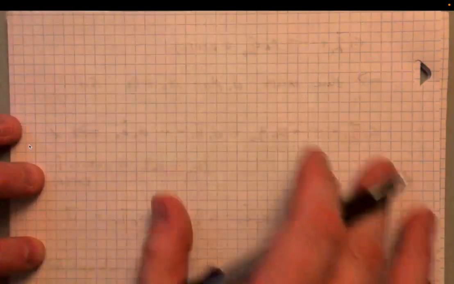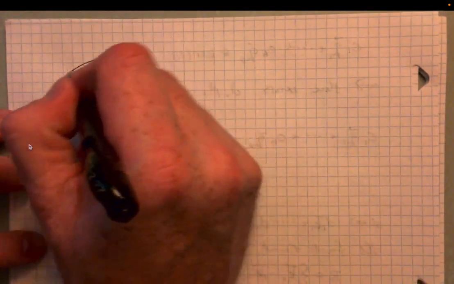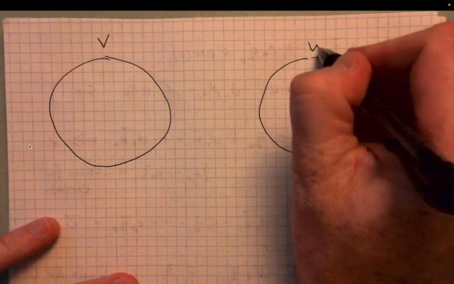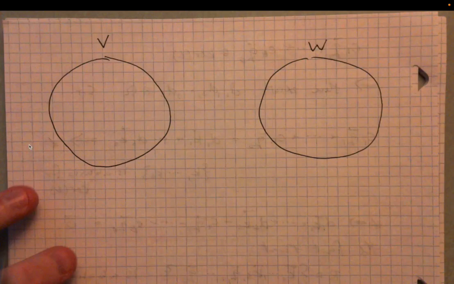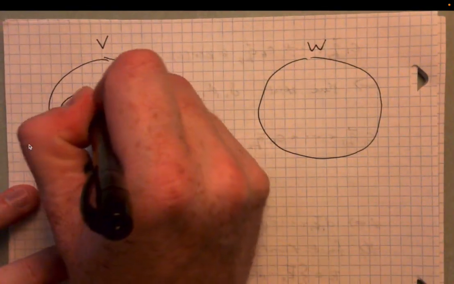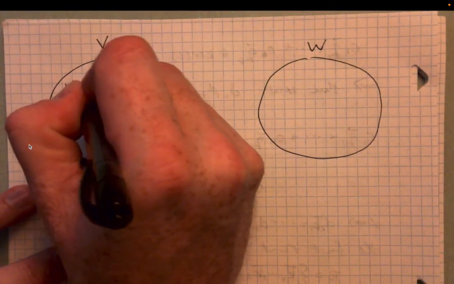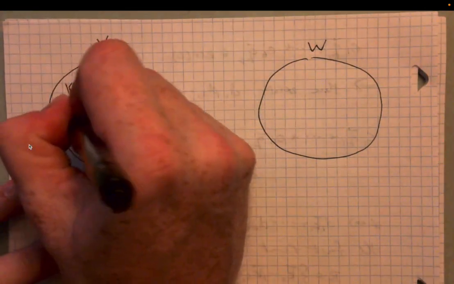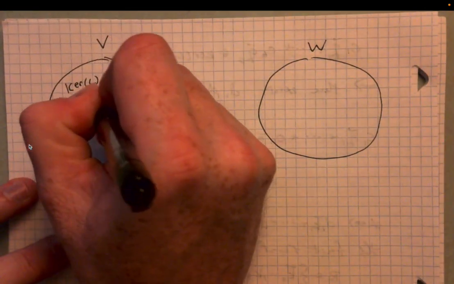So let's talk about what's happening here structurally, top down. You've got a vector space V, and you've got a vector space W. Inside of V, you've got a subspace that we call the kernel. Inside the kernel, you've got K1, K2, dot, dot, dot, Ks.